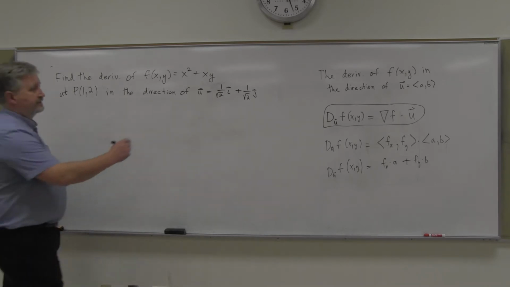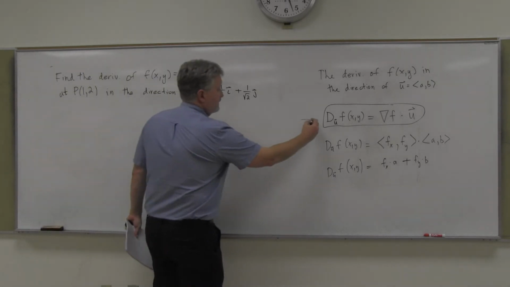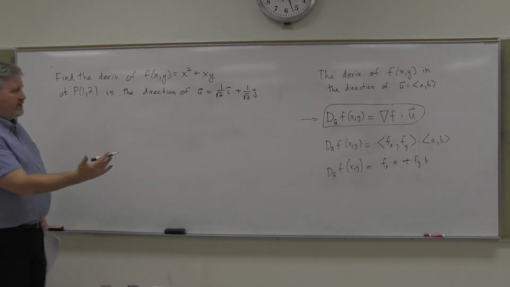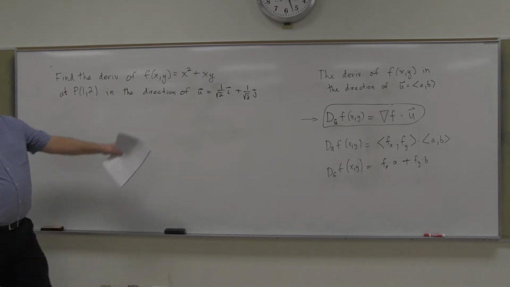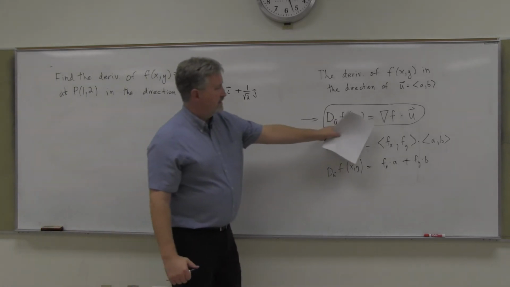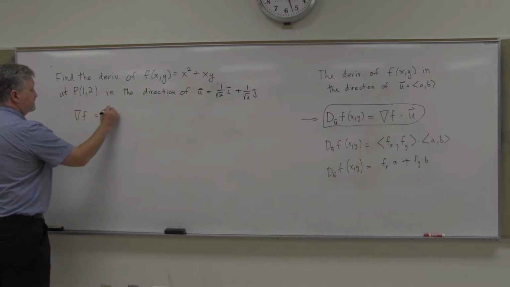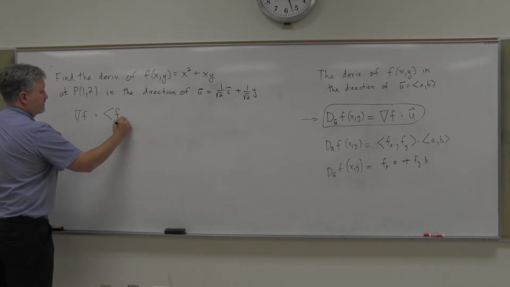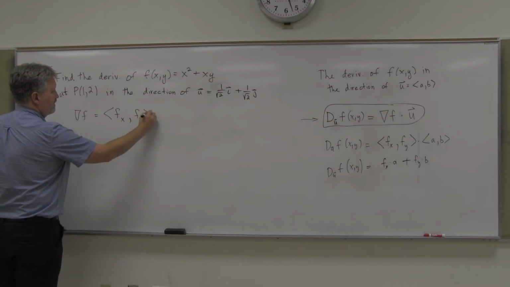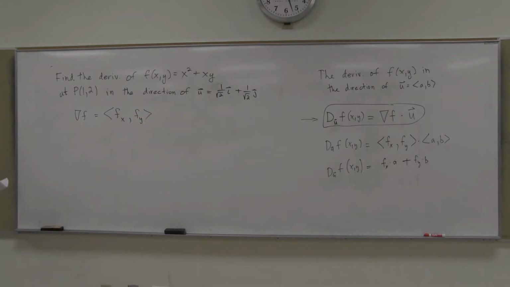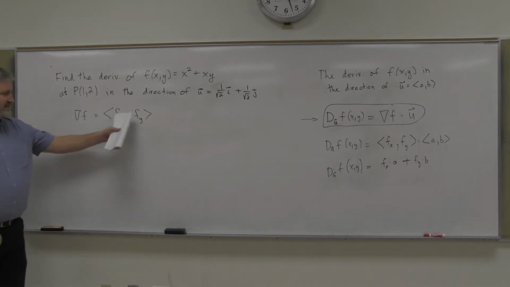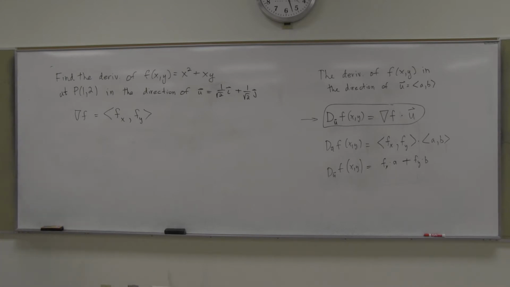So to compute this derivative in that direction, first of all, we have to come up with the gradient. Again, the gradient of f is just the vector with the partial of f with respect to x and the partial of f with respect to y as the components.